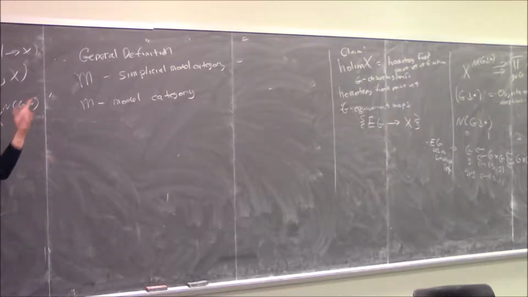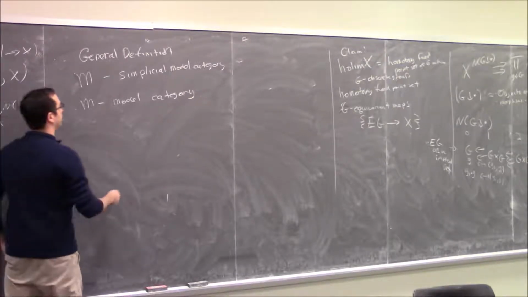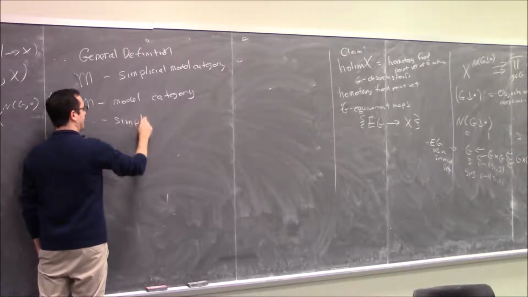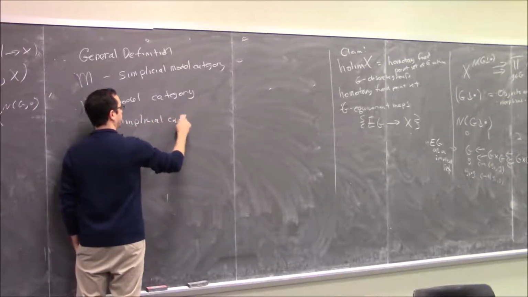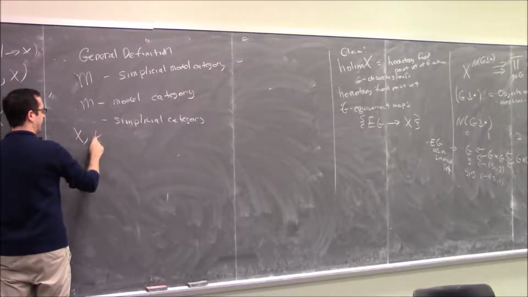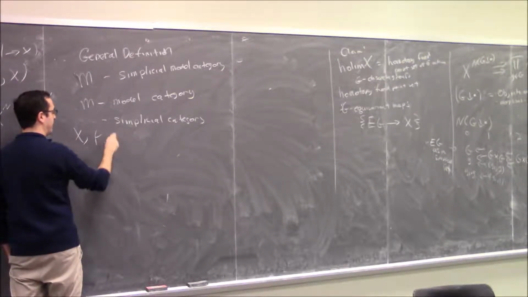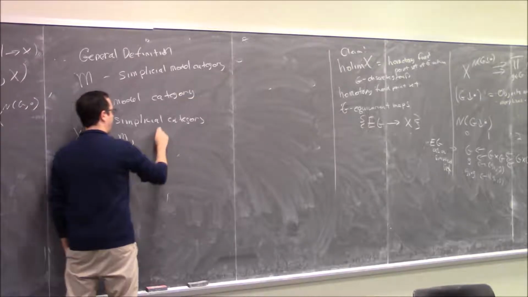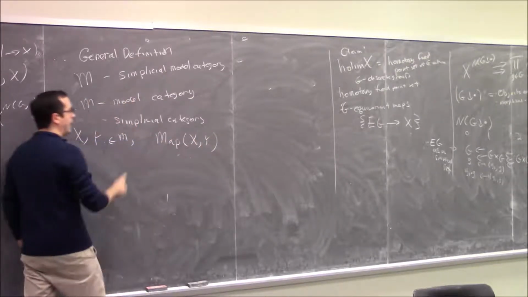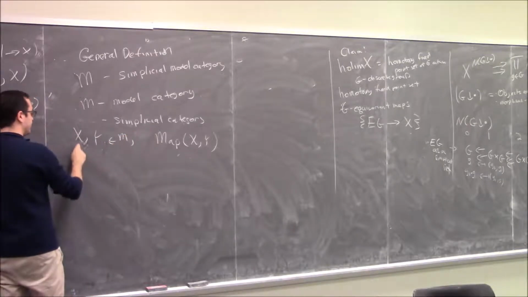Okay, so that means, in particular, M is a model category. So we have our weak equivalences, fibrations and cofibrations with the axioms. It's also a simplicial category, which means that for any two elements x and y in M, map(x,y) is a simplicial set.